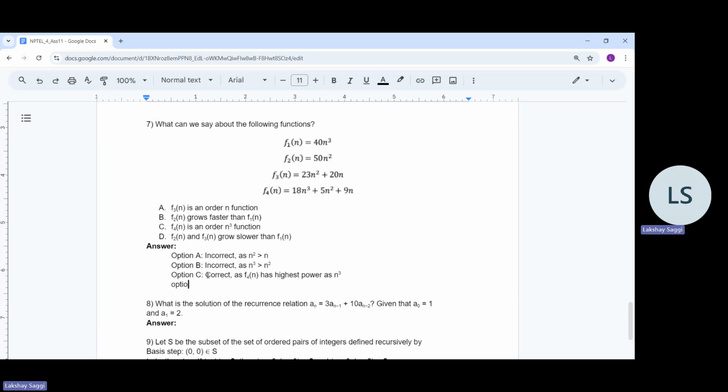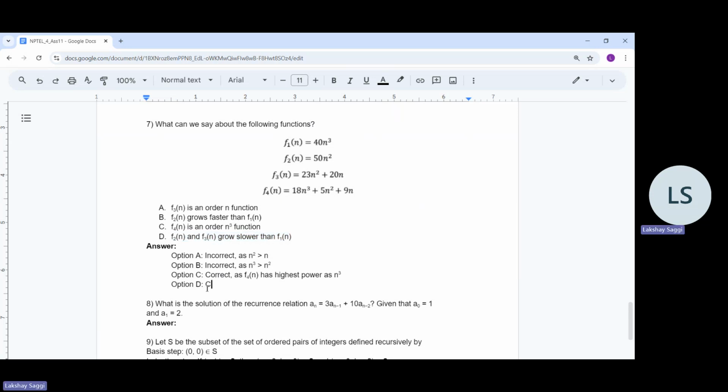Then moving on to option D. In option D, we have F2 of n and F3 of n grow slower than F1 of n. So F2 of n is 50n square, F1 of n is 40n cube. So this is true, ignoring the constant, that n cube is greater than n square. So F2 of n grows slower than F1 of n. Similarly, F3 of n also has the highest power of n as n square here, so this also grows slower than n cube.